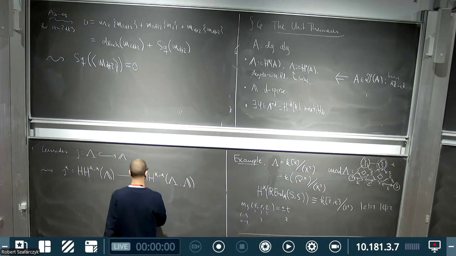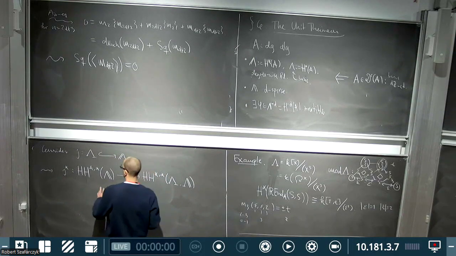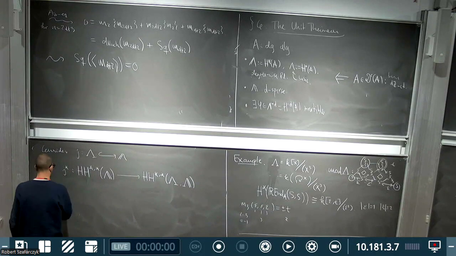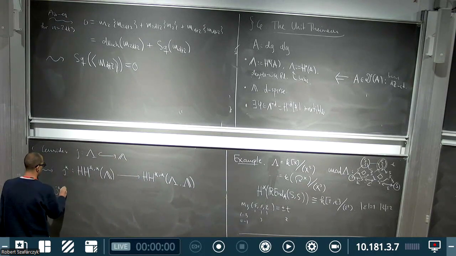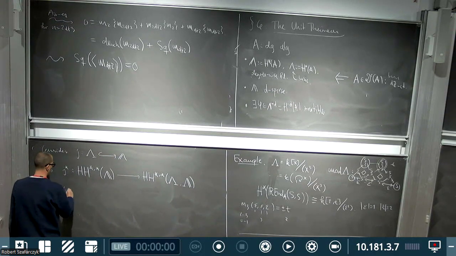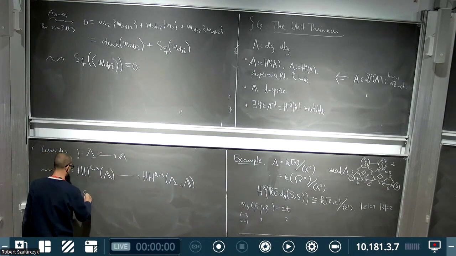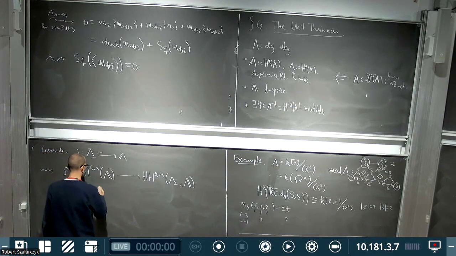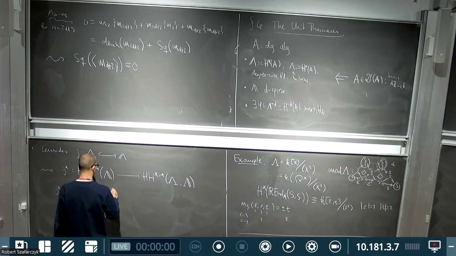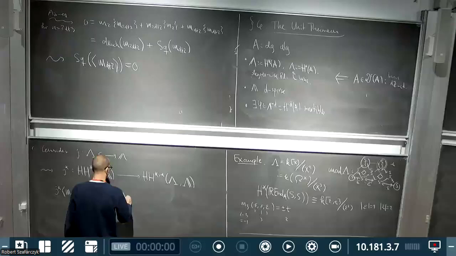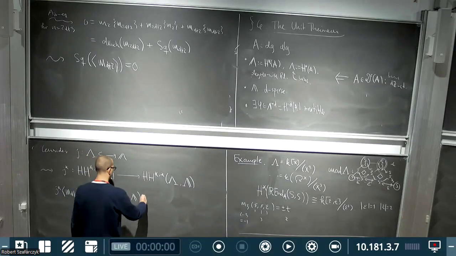So this makes sense. But actually, one can compute. Well, in particular, I can take J upper star of the universal Massey product. This lives in the Hochschild cohomology of degree D plus 2, minus D of lambda with coefficients in graded lambda.